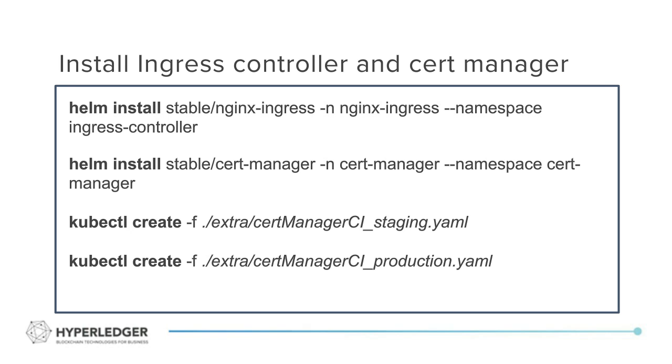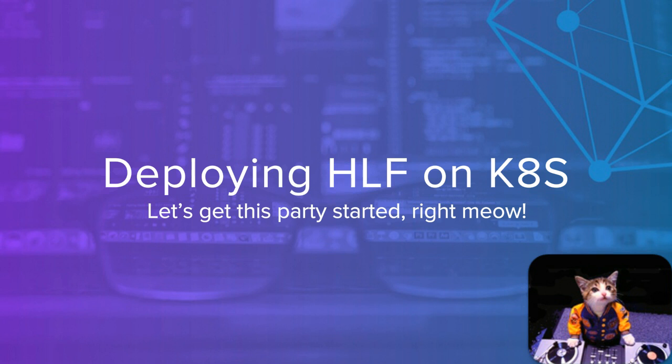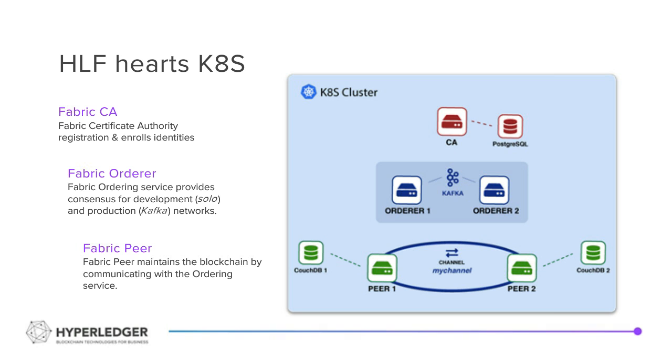Okay, so we come to the main section. We are ready to start working through the deployment of Hyperledger Fabric on Kubernetes. Again, let's remind ourselves what our end result will be. First, we will deploy a Fabric certificate authority serviced by a PostgreSQL database for managing identities.